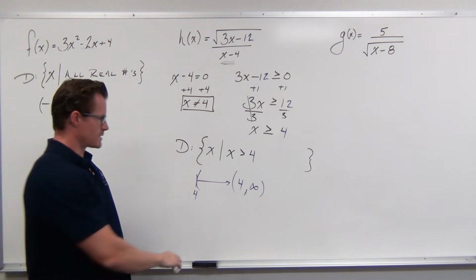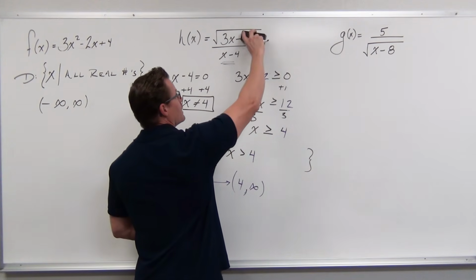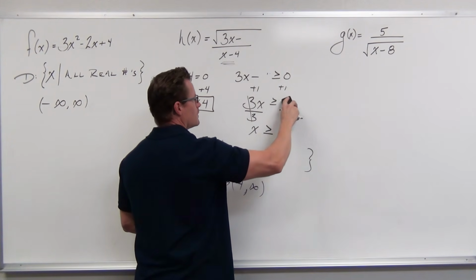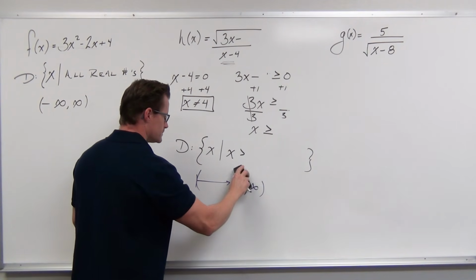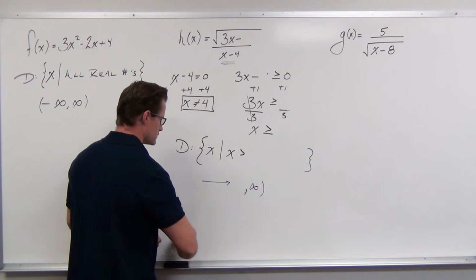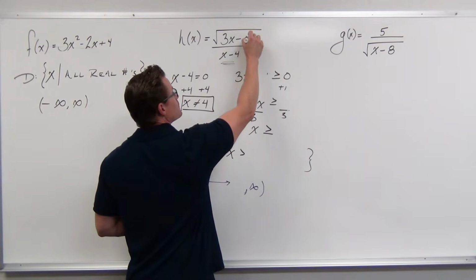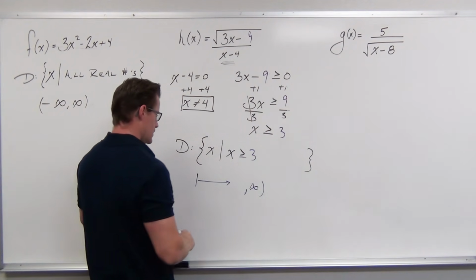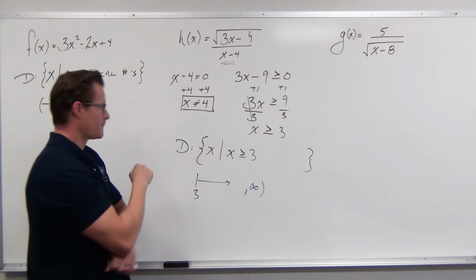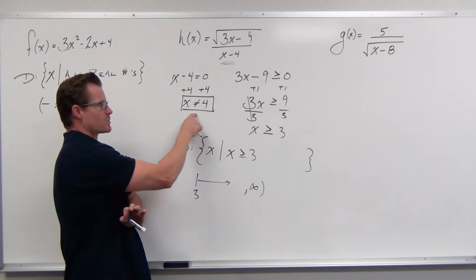Okay, last iteration of this. Let's change this to 9. So 9, 3. What now? Is this one relevant?